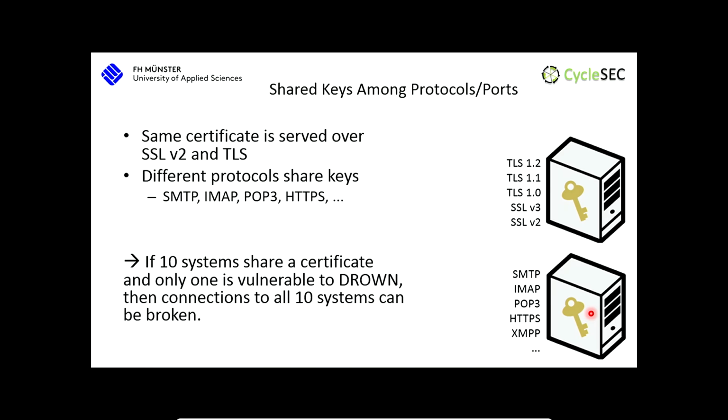That doesn't seem to be possible. So that means when you set up a system with a key pair, it always uses the same key material. It's always the same RSA public key and private key pair that will be served independent of the protocol version. Okay, so that's an important insight.